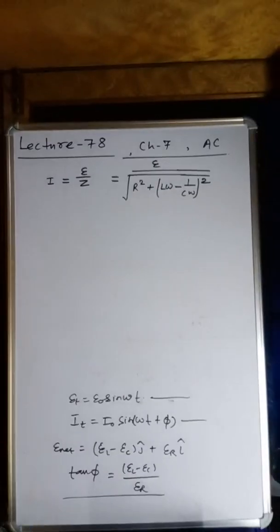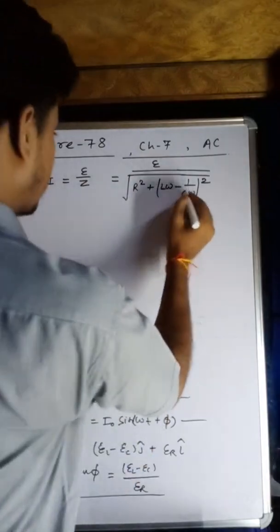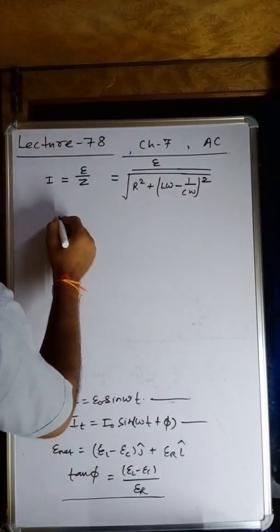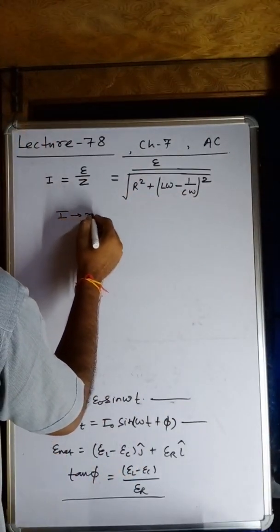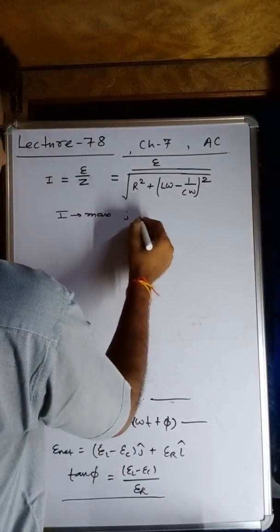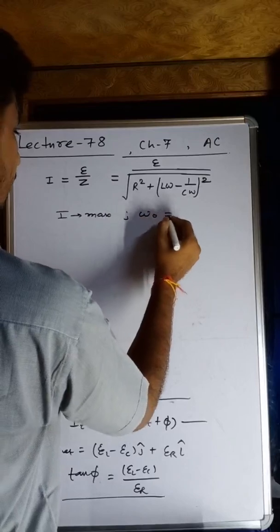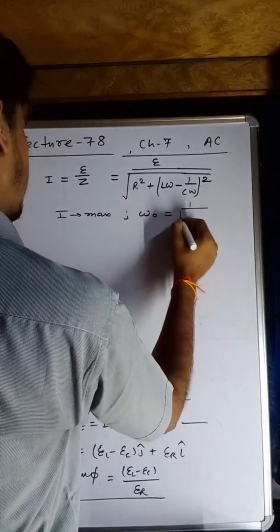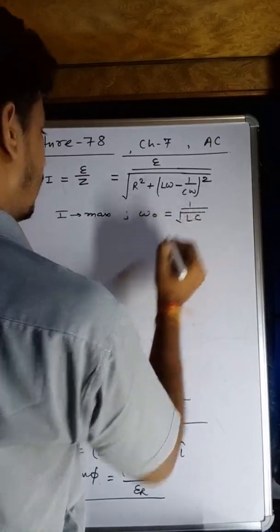Now my dear students, for maximum current I maximum, we know that the resonance frequency omega naught is 1 by root under LC.